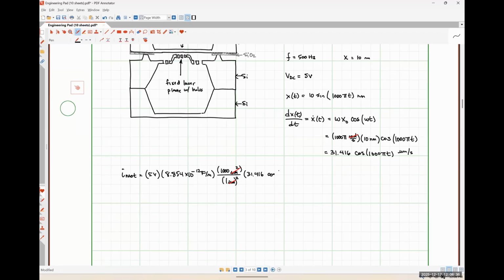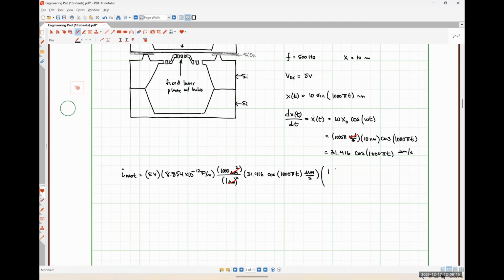31.416 cosine 1,000 pi t micrometers per second. So let me just look at this really quickly here. I'm going to throw a couple more conversion factors on here at the end so we can sort some things out, right? So a farad is an amp second per volt, okay?